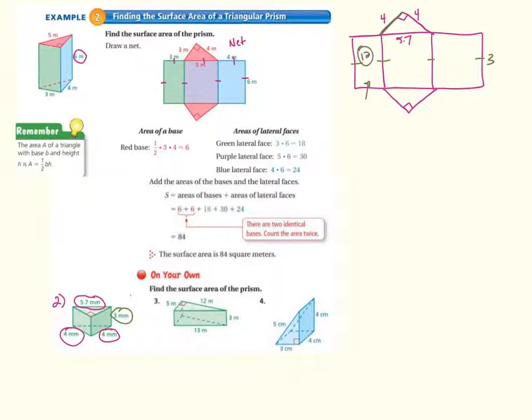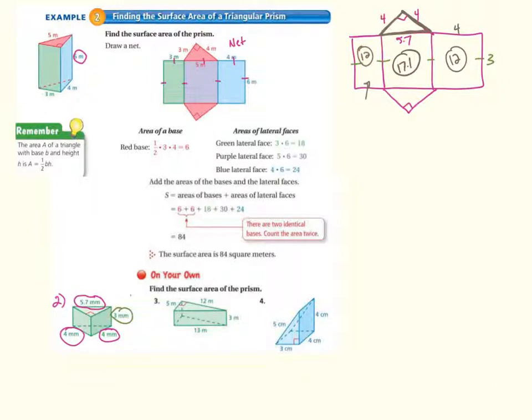The middle rectangle, which is already attached to the diagonal of the triangle, just multiply 5.7 times 3, and you get 17.1. Now the last rectangle, if you were to fold it up, would line up with this side of the triangle. So it's going to be 4 times 3 again, which is 12.